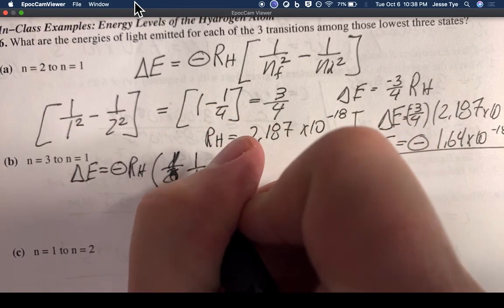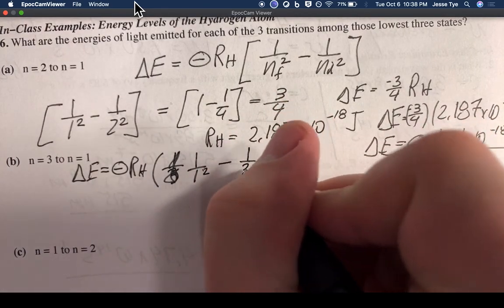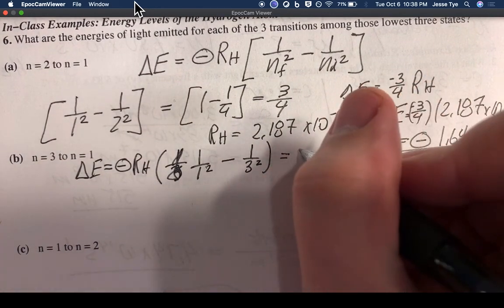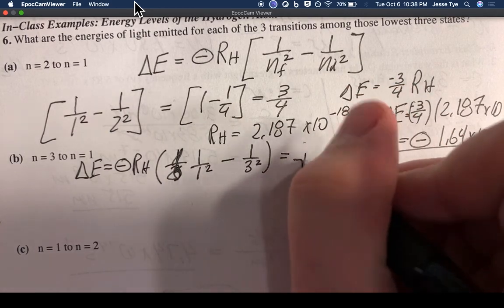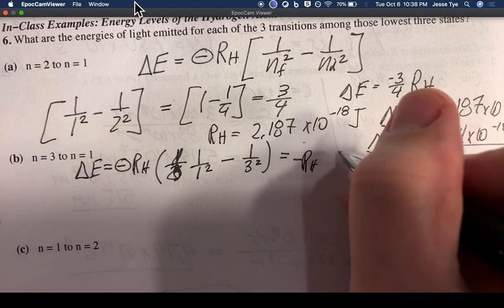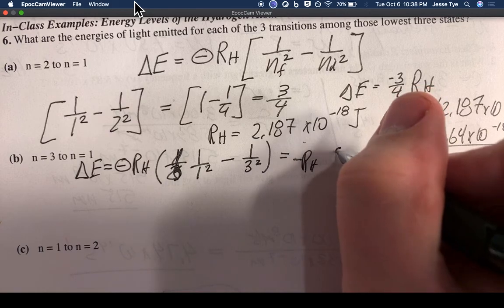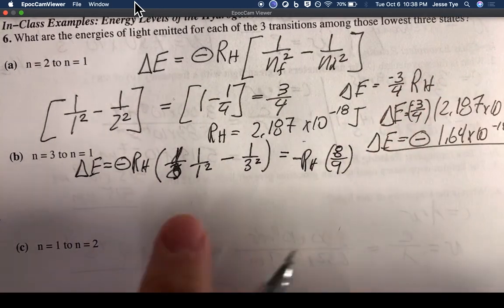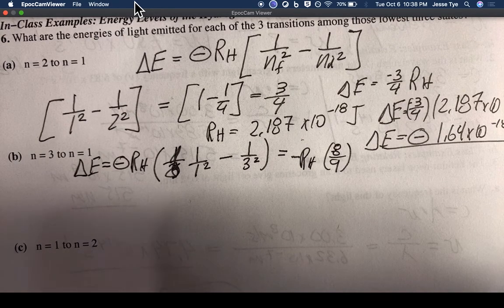My final state is the n equals 1, so 1 over 1 squared minus 1 over 3 squared, which is equal to, this inside part is now 1 minus 1/9, which is 8/9. Okay, 1 is 9/9, and 9/9 minus 1/9 is 8/9.